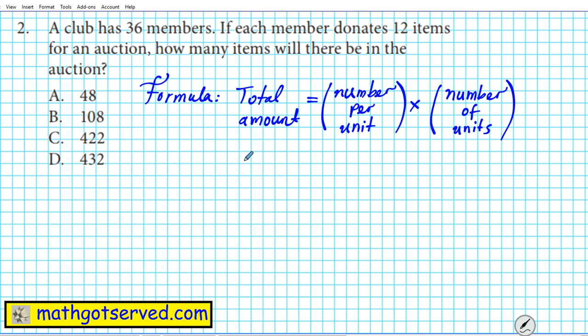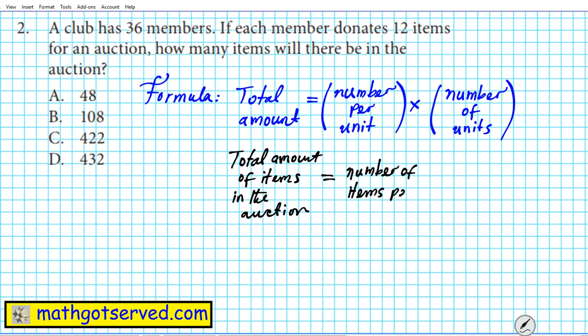So the total amount of items in the auction is equal to the number of what? Number of items per member. So how many items did each member bring? This represents our number per unit.